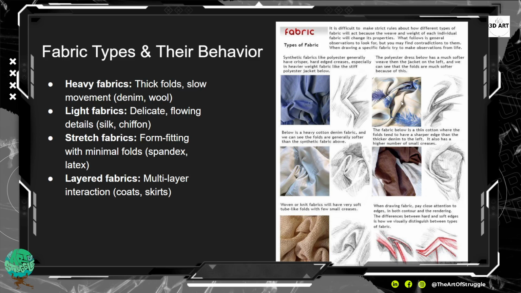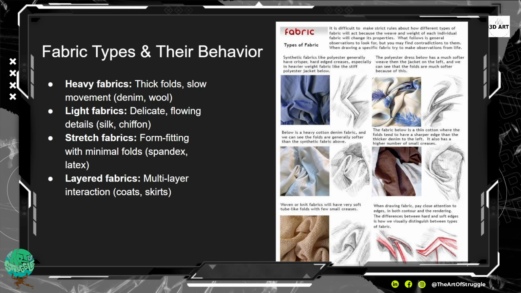Below is a heavy cotton denim fabric, and we can see the folds are generally softer than the synthetic fabric. The fabric below is a thin cotton, where the folds tend to have a sharper edge than the thicker denim. It also has a higher number of small creases.